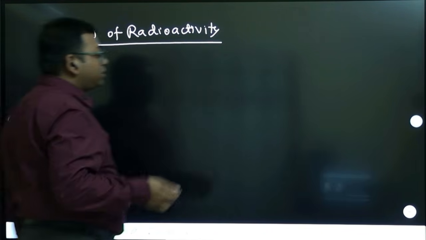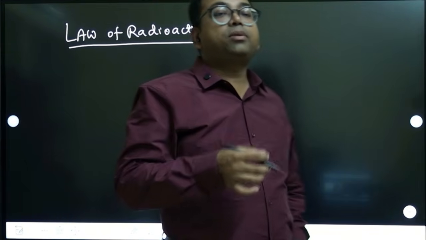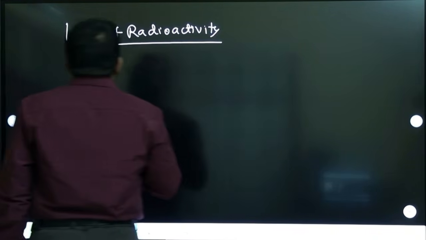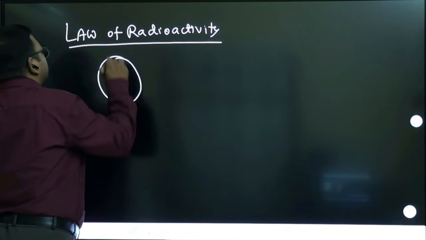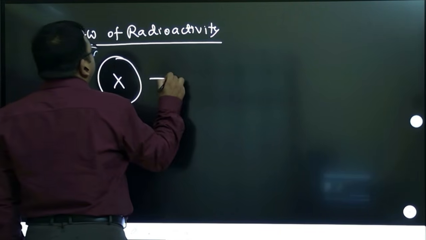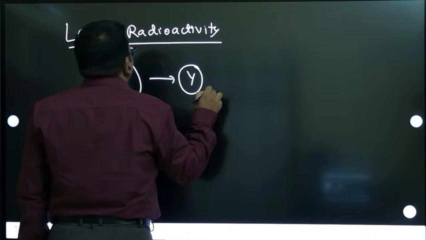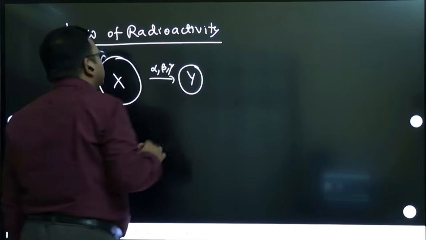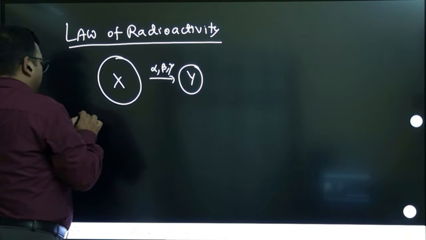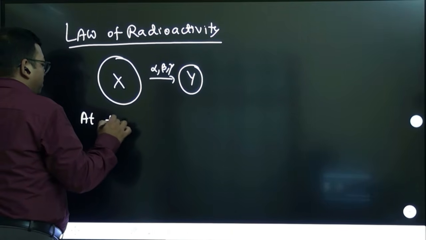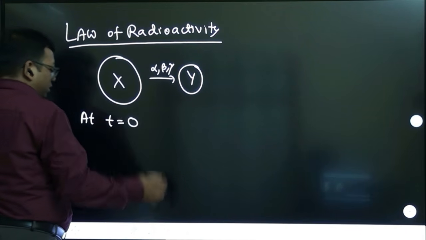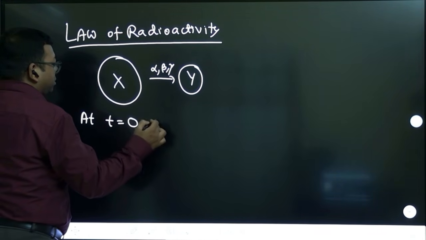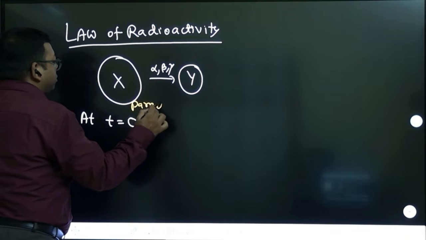So have you studied chemical kinetics? Because this topic is related with chemical kinetics. Have you studied that? It is decaying with some alpha, beta, or gamma, all these things are happening. So let us say at time equal to 0, we are talking of the parent number, parent nuclei.